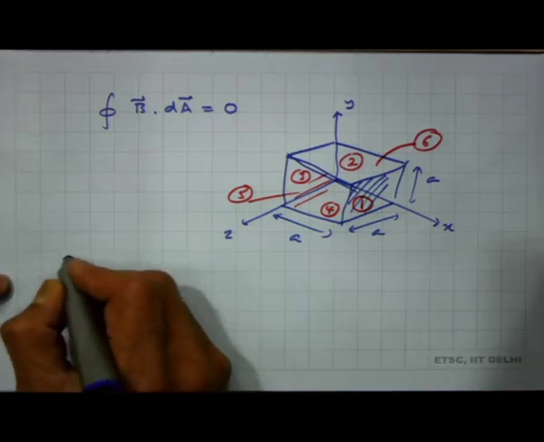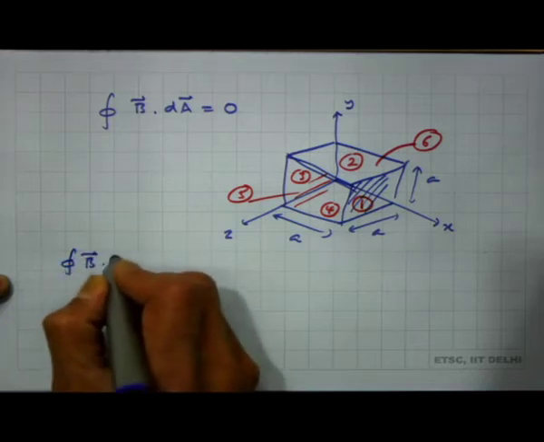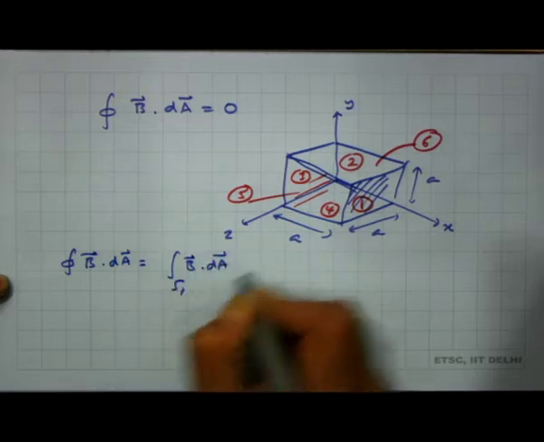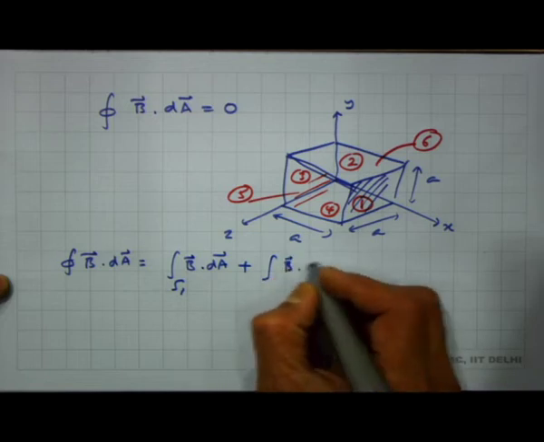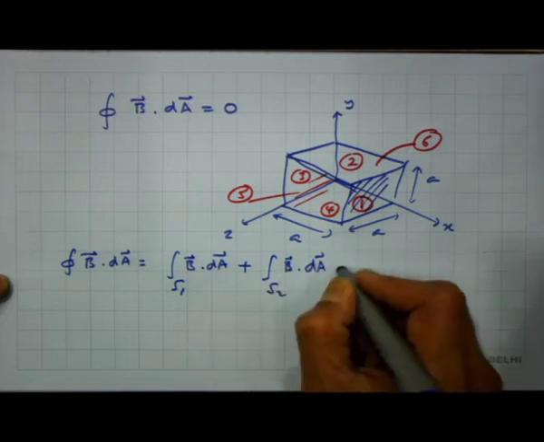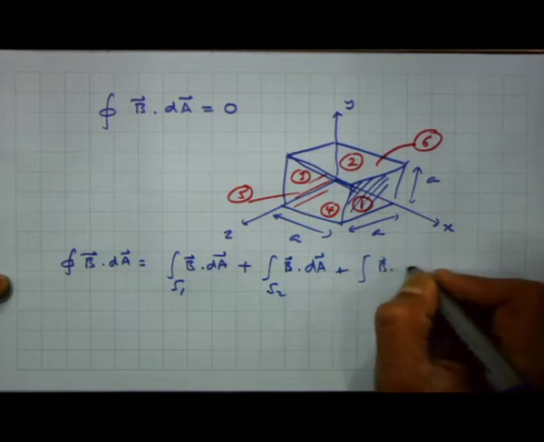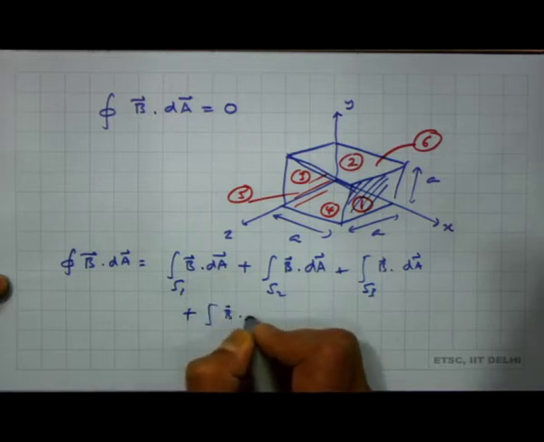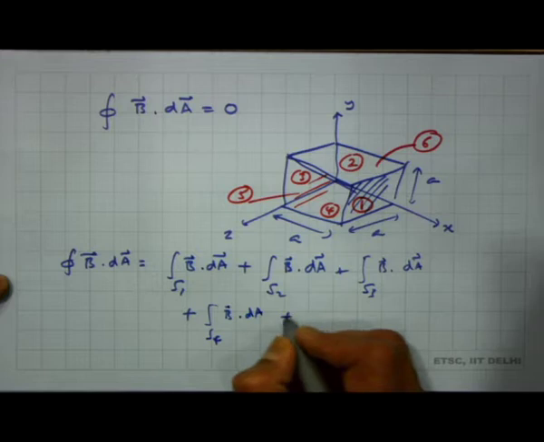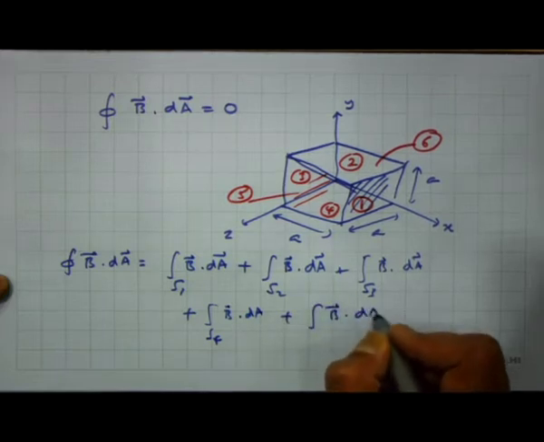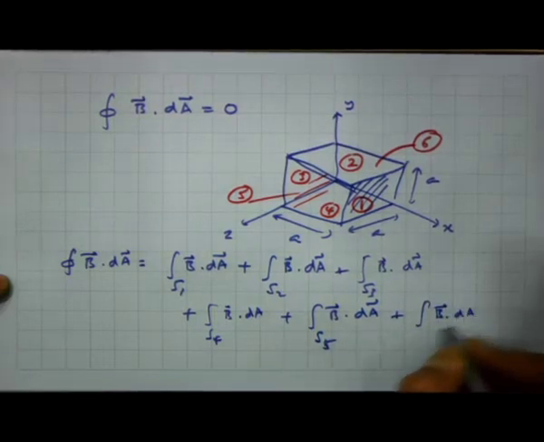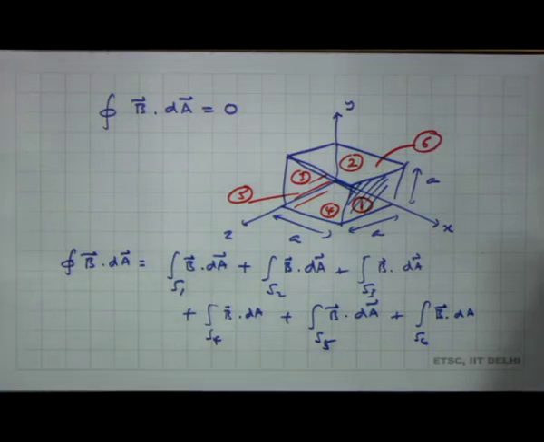The total integral of B dot dA is equal to integral B dot dA over S1 plus integral B dot dA over S2 plus integral B dot dA over S3 plus integral B dot dA over S4, and similarly integral B dot dA over S5 and S6. So, I need to calculate each of these integrals and check whether the sum is equal to 0.